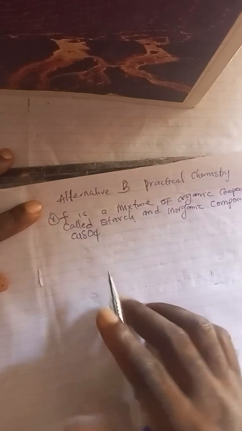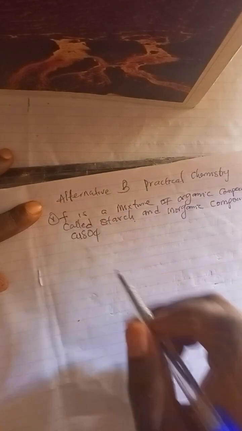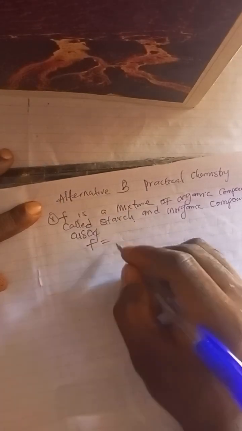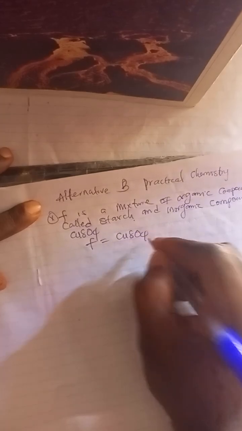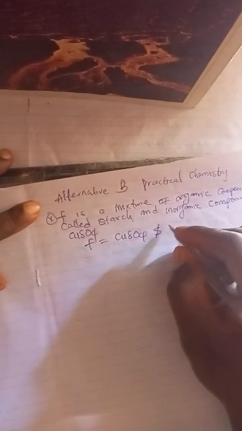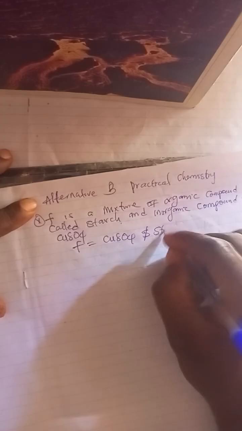Do you understand? So the copper F is equals to copper sulfate and that of starch.